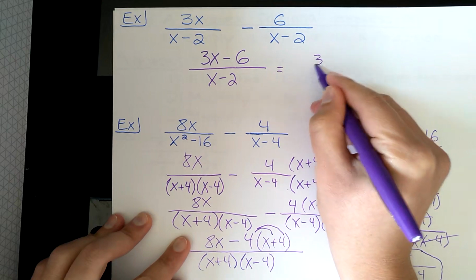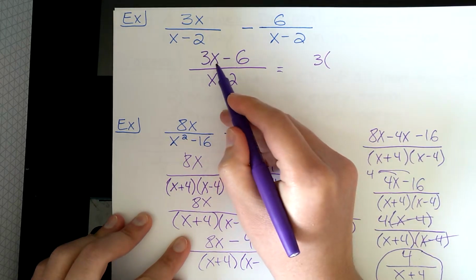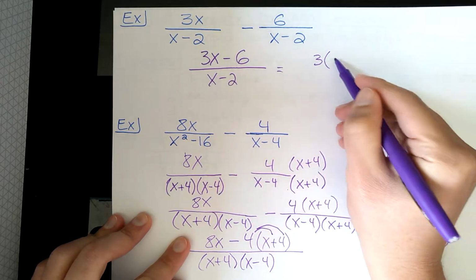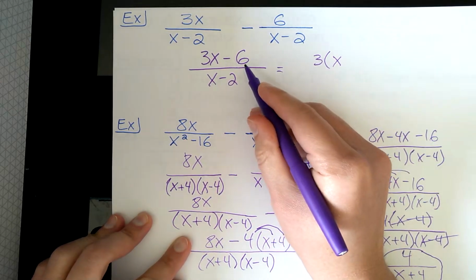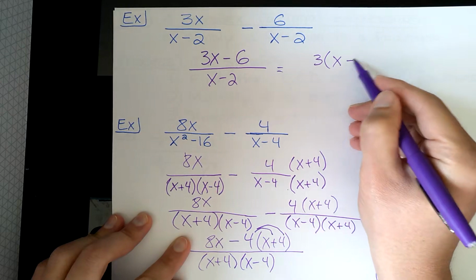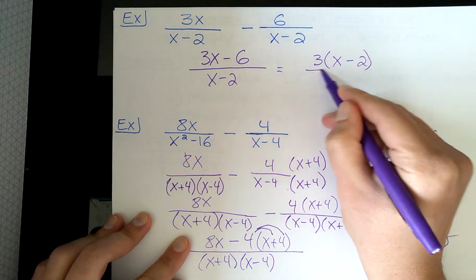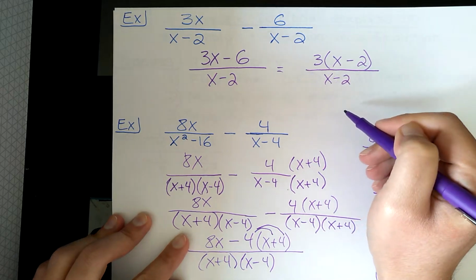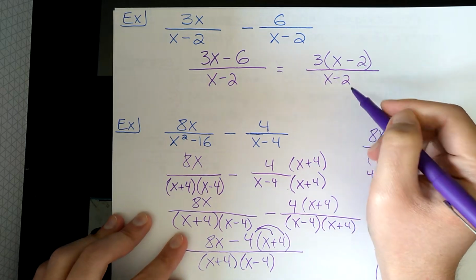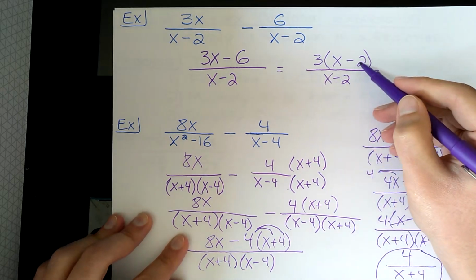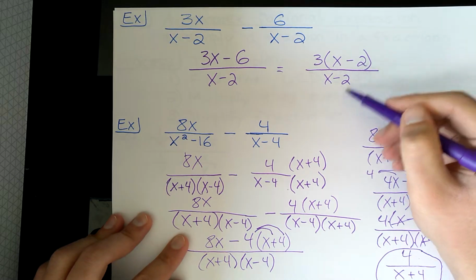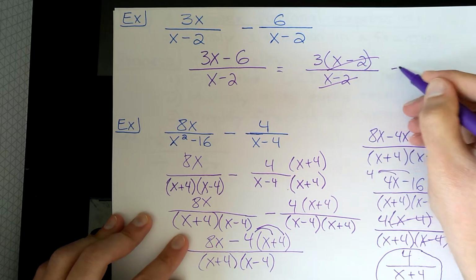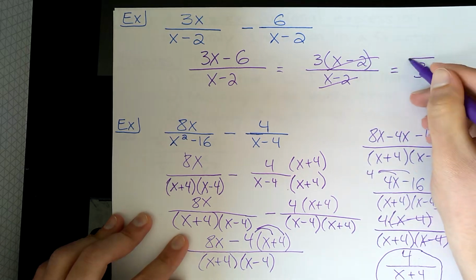So when we do, we get 3 times x, since 3x divided by 3 is x, and negative 6 divided by 3 gives us minus 2, all over x minus 2. And from here the x minus 2 is now a common factor in the top and bottom. We can cancel the entire thing, leaving us with 3.